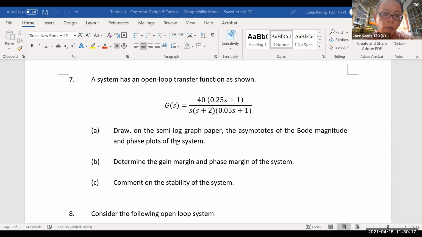Okay, maybe I'll share in a while. For the next tutorial, we will discuss more questions. But for now, we will just do question number 7, right?